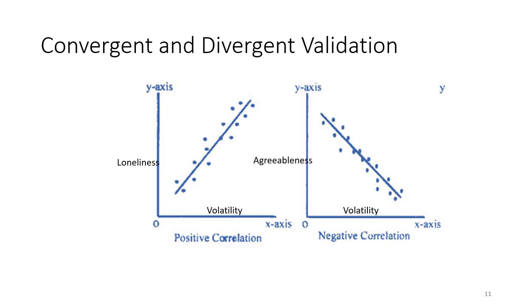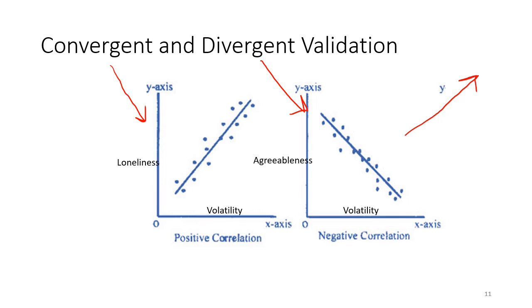And so this first is an example of convergent validation, and this is an example of divergent validation. And so loneliness and volatility walk together. High scores on one, high scores on the other. Agreeableness and volatility go in opposite directions.